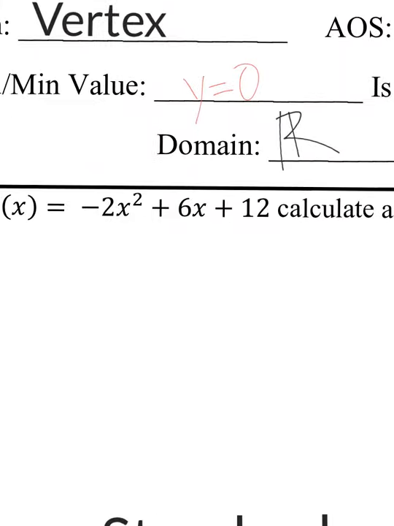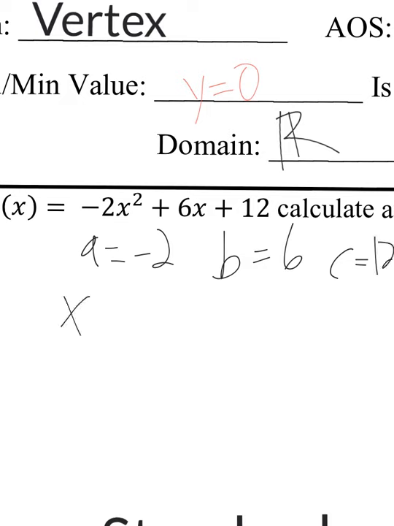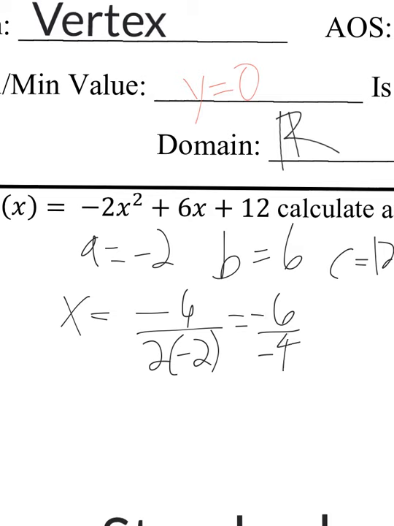So I got a is negative 2, b is 6, and c is 12. So x is going to equal negative b, negative 6, over 2a, 2 times negative 2. So that's going to be negative 6 over negative 4, which is positive 3 over 2, or 1.5. Okay? So I'll write equals 1.5.